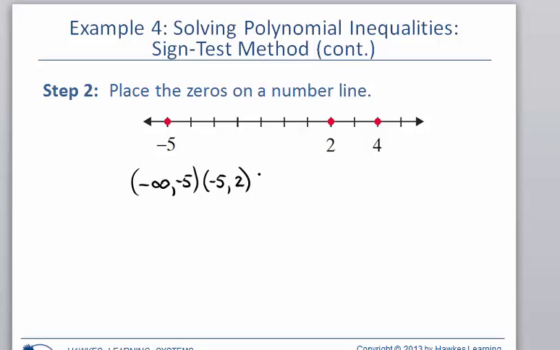We have an interval that picks up on the other side of 2 and runs all the way to 4. And we have an interval that picks up on the other side of 4 and runs all the way to positive infinity. So we have 4 intervals if we use these zeros as dividing points on the number line.